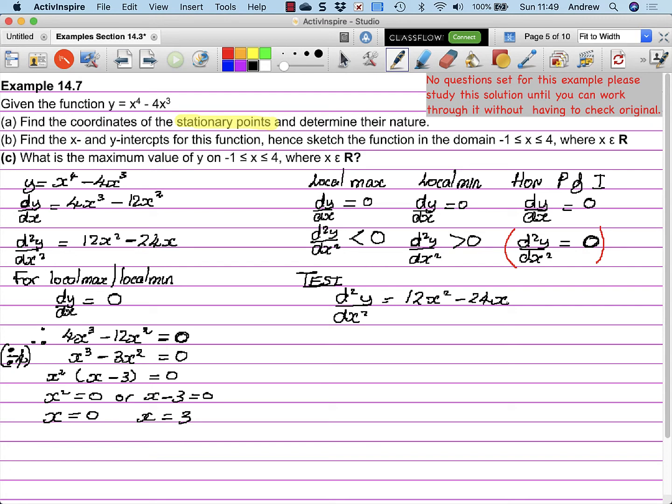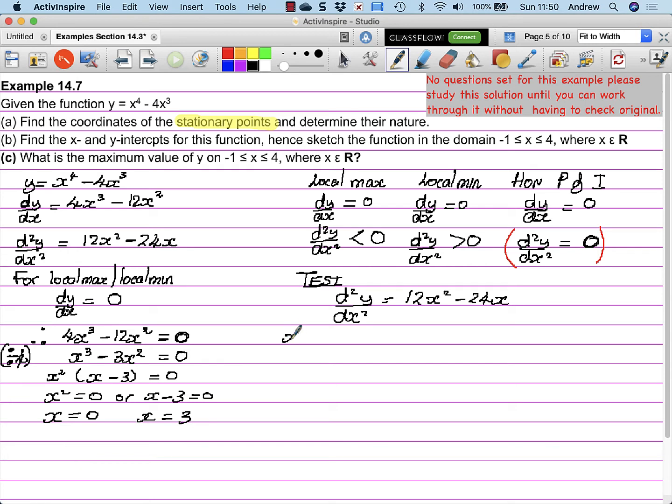Again, you can't divide across by 12. You can only divide across by 12 when you've got numbers on both sides. So you haven't got a number on the left-hand side, you've got an algebraic expression, which is d2y by dx squared. So now, the first test value is x equals 0.